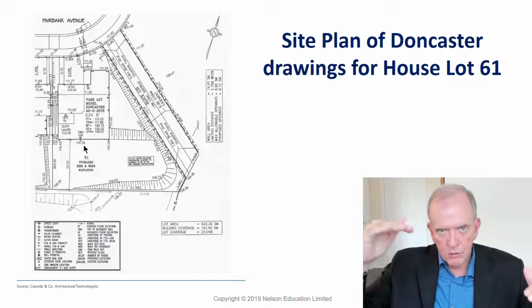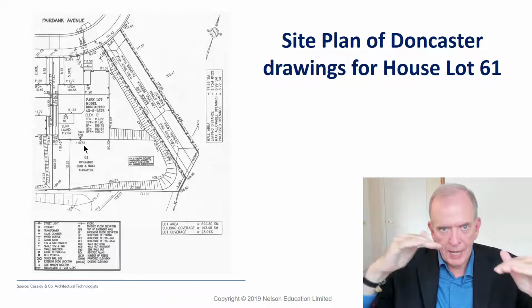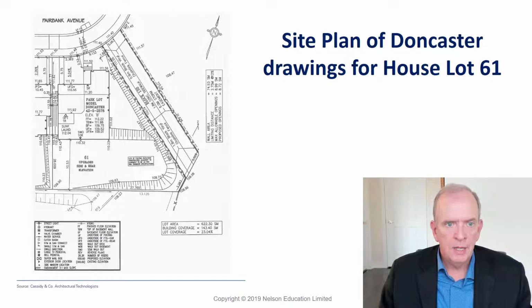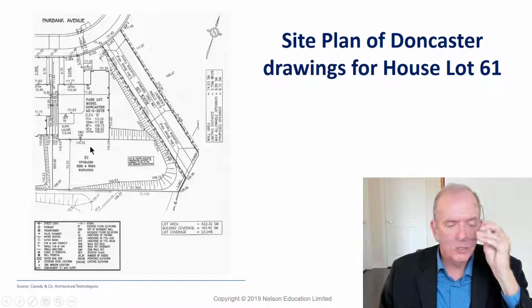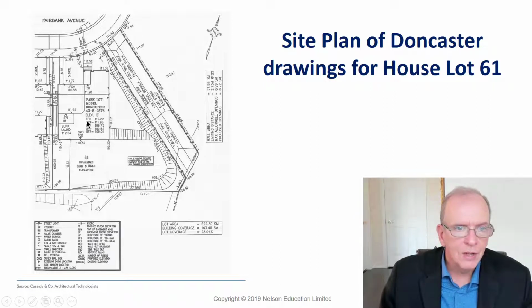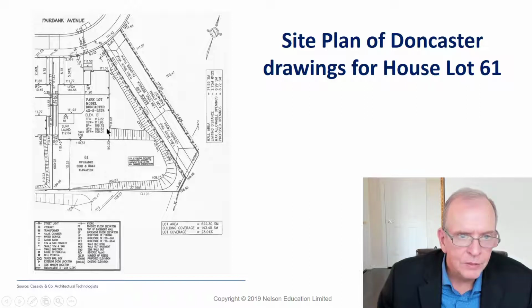So you could figure out, based on that benchmark, what the elevation is supposed to be on the finished grade over here. And they actually give you a bunch of finished grades inside here, like the finished floor, top of basement wall, underside of footing.